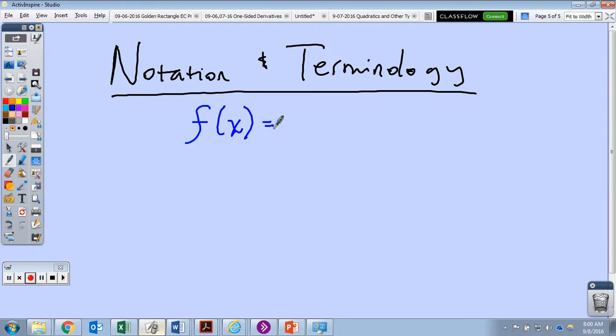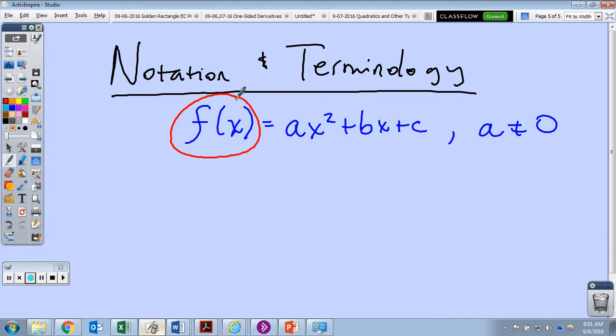So if I say f of x, and I'm just going to write the general form of a quadratic, a cannot be 0. What's going on here is this f of x, this is the value of the function. You can think of it like that. You can also think of it as the output.